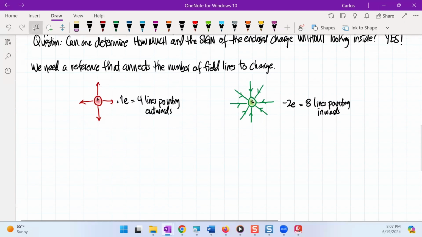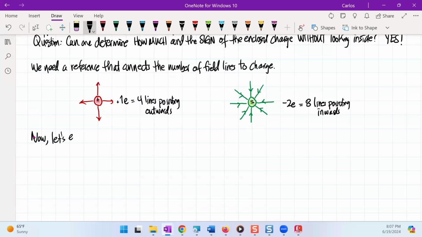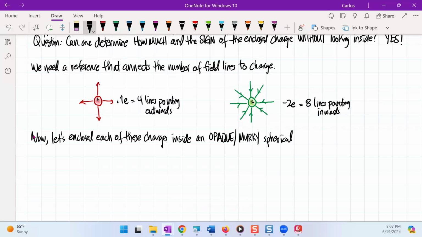So now, let's enclose each of these charges inside an opaque, or we could also say murky, spherical Gaussian.